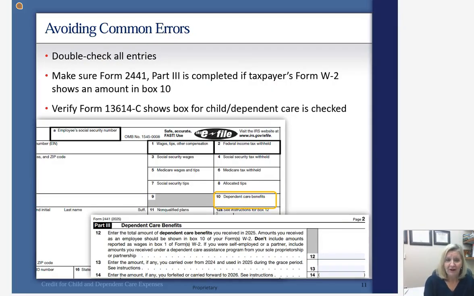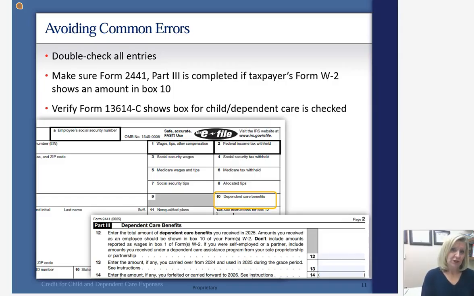Double check all entries. It is a common mistake that when you have dependent care benefits that are provided by the employer, those might be reported incorrectly on the return.